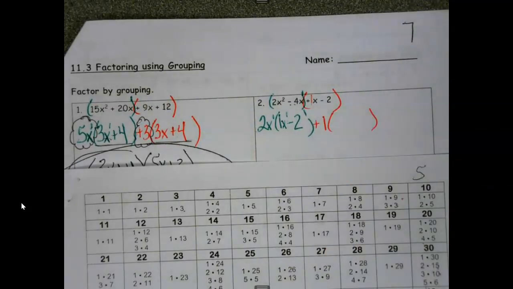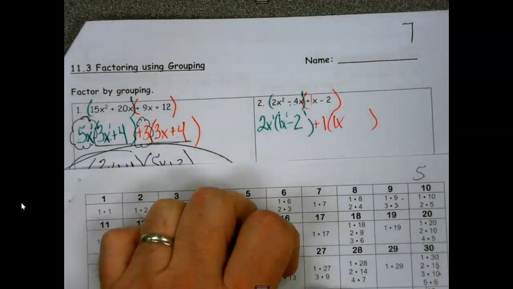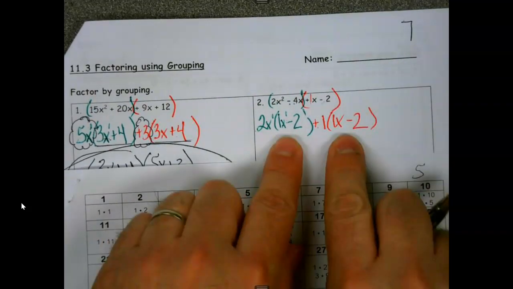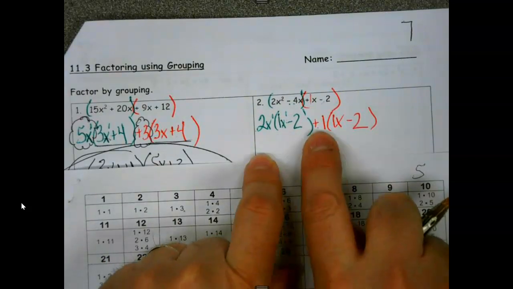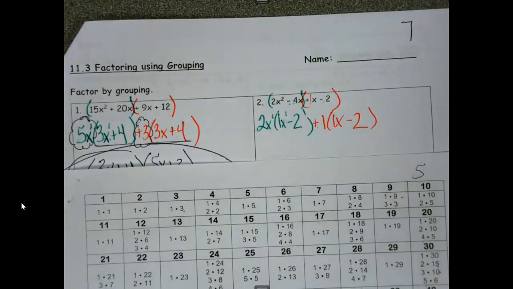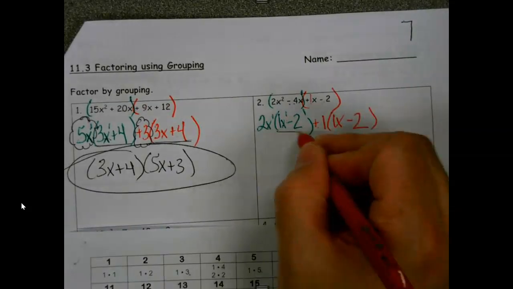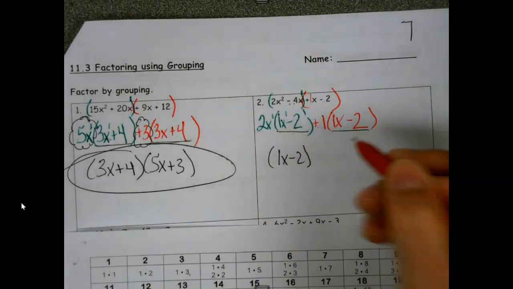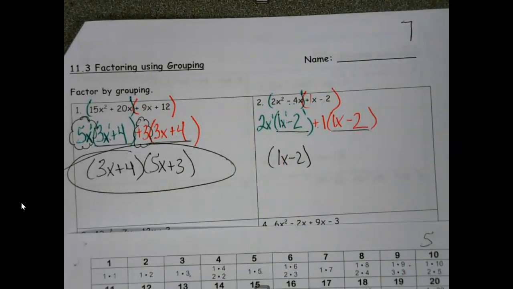So I look and I go, 1 divided by 1 is 1. The x is still here. Negative 2 divided by 1 is negative 2. Still ended up the same. But yeah, you always have to take something out, because if you don't, that messes things up. And again, whether you put the 1 there in front of the x or just have it be x minus 2, makes no difference.